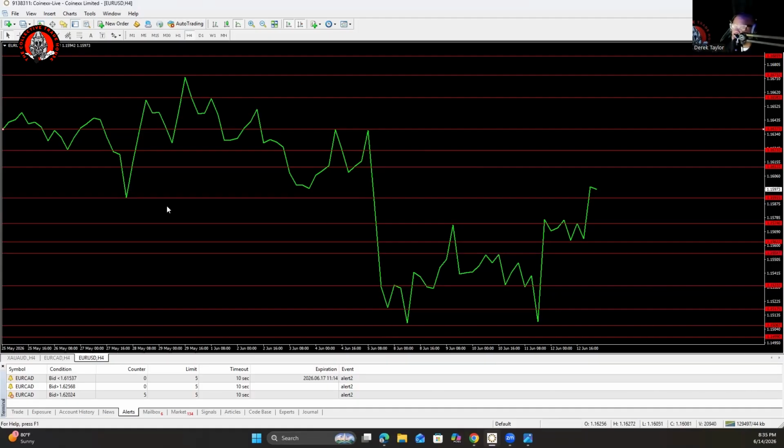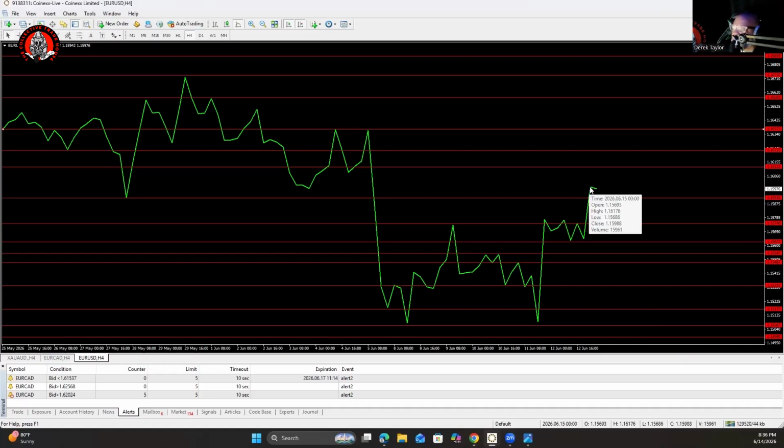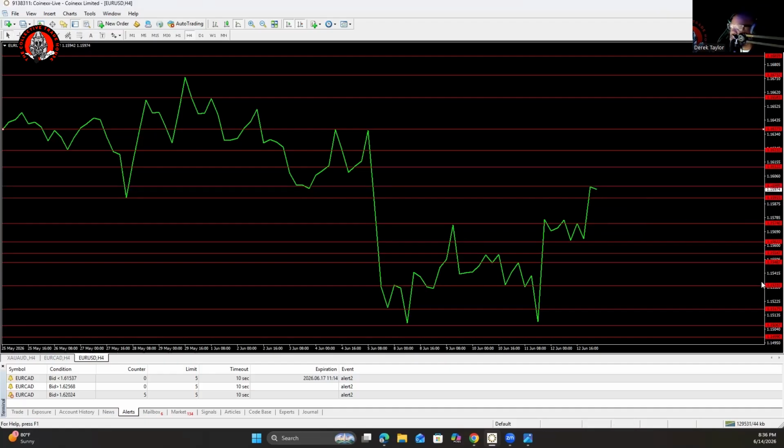All right. So now I have clear areas in which I have marked areas of price rejection that I may get in to. I could even go ahead and mark this area here because price went up, rejected. So I could go ahead and mark this if I wanted to.